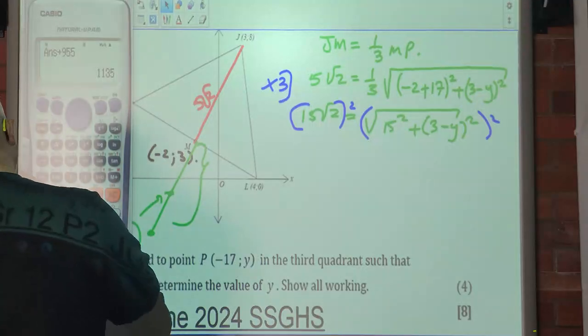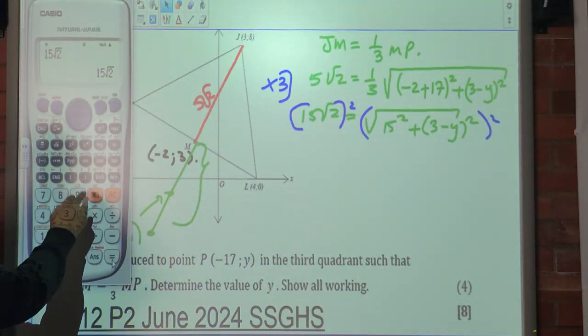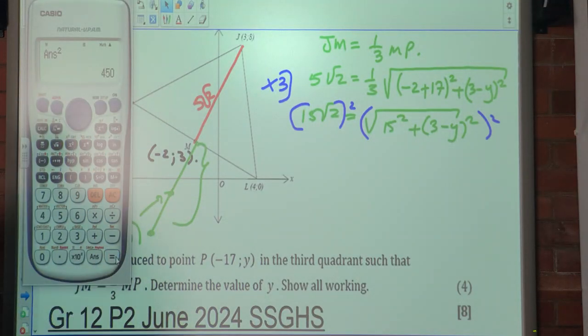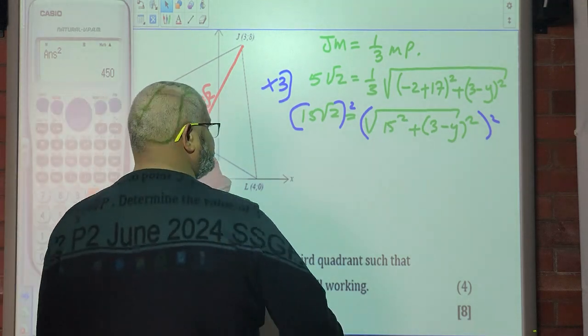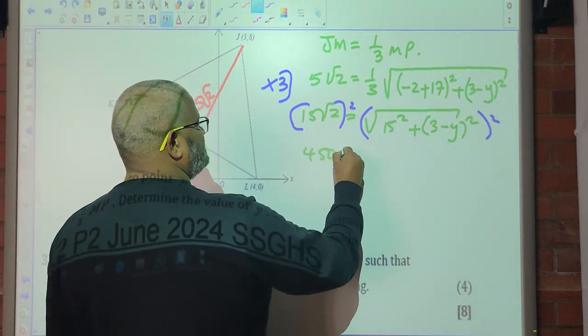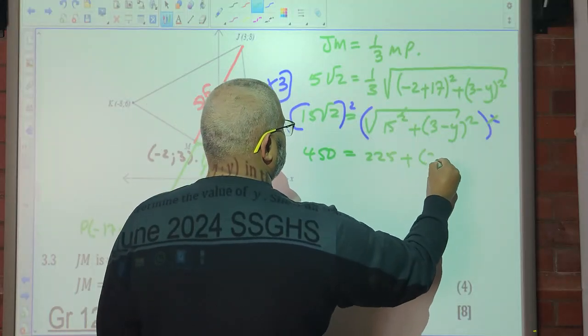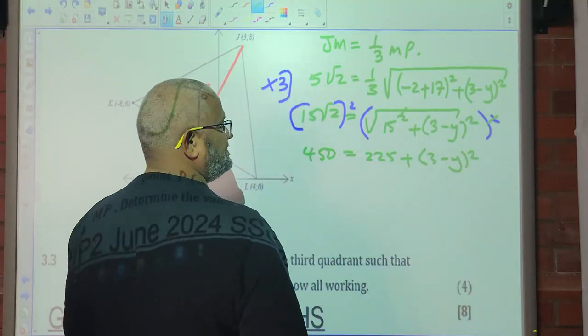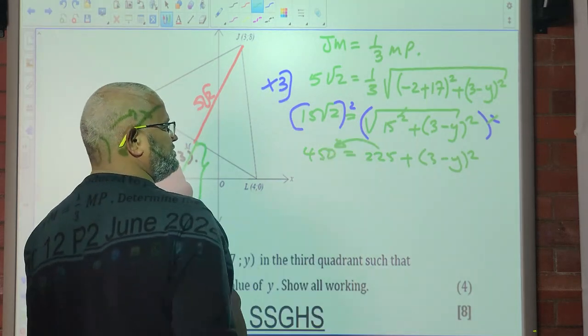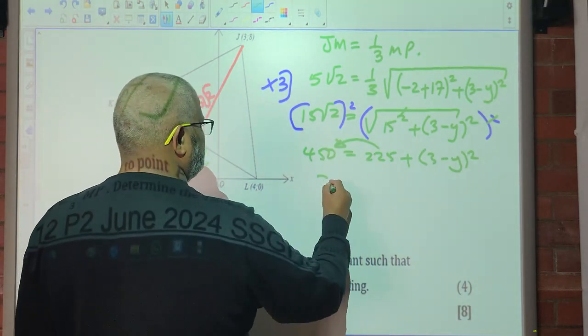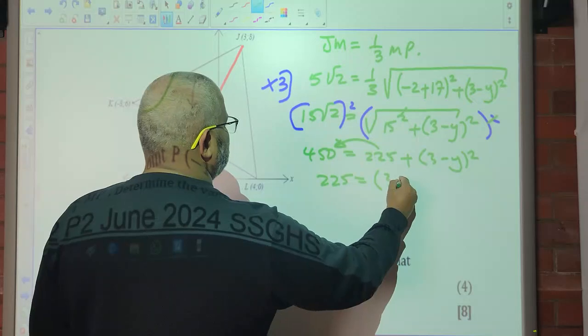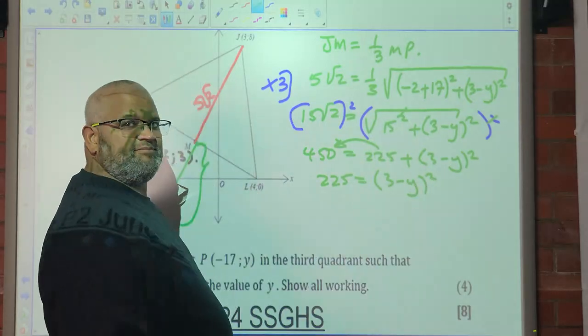So 450 is equal to, the square root cancels the square, 225 plus 3 minus y squared. So that over gives me 225 again. So 225 is equal to 3 minus y all squared.